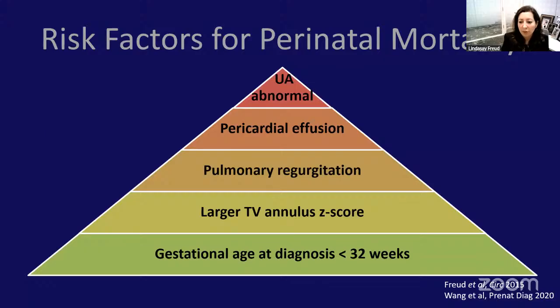And between our original paper and one of our ancillary studies, we found that the following were risk factors: an earlier gestational age at diagnosis, which makes sense, since more severe disease tends to present earlier; a larger tricuspid valve annulus z-score, which is really just reflective of overall severity of tricuspid regurgitation; cardiac enlargement; pulmonary regurgitation, which I'm going to return to when we think about the pathophysiology of this lesion and how we may modify it; a pericardial effusion, which can be a harbinger of evolving hydrops, again likely related to overall elevated right atrial and central venous pressures in the fetus; and then an abnormal umbilical arterial Doppler.